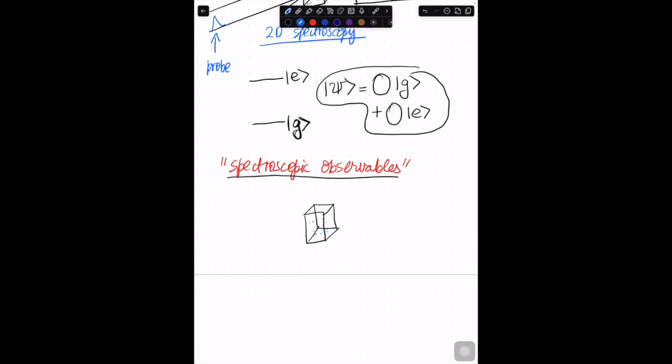I meant the illustrations. So you have a light field which interacts with your sample, and this would be an example of linear spectroscopy. And in this case, the response of your sample to the incident light field will also be linear.